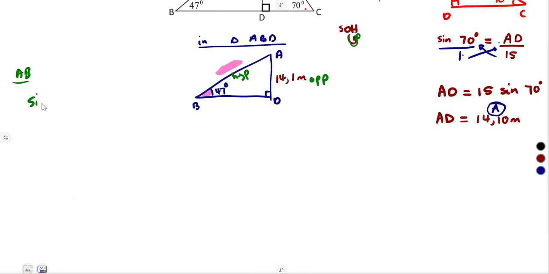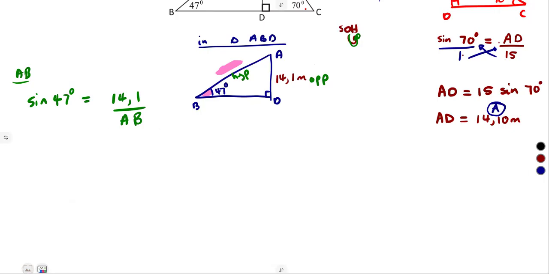So the sine of 47 degrees must be equal to the opposite, which is AD, 14.1, over our hypotenuse, which is AB. That is the side to be calculated.